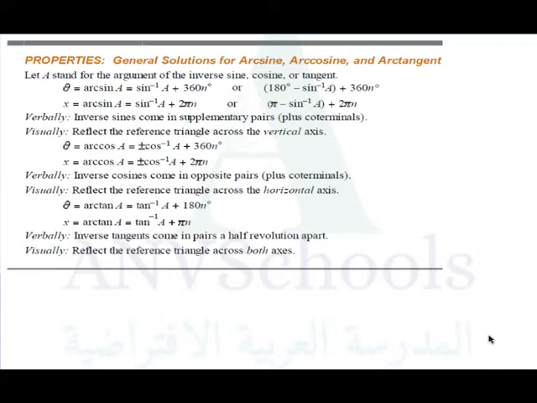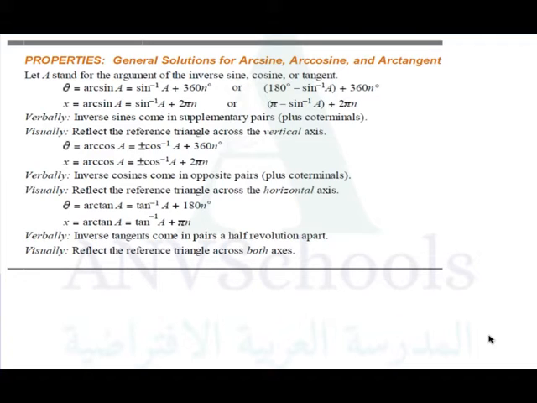And for arccosine, theta is equal to plus or minus arccosine A plus 360 degrees n, and x is equal to plus or minus arccosine A plus 2 pi n. Verbally, inverse cosines are in opposite pairs plus their coterminals, and visually reflect across the horizontal axis.